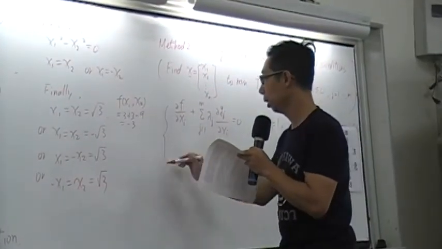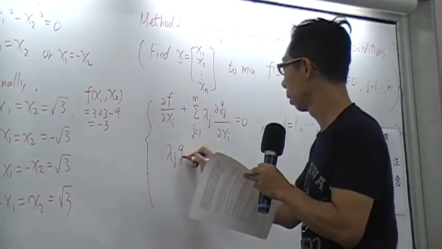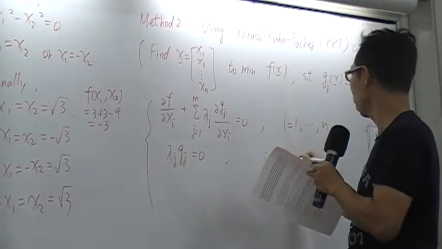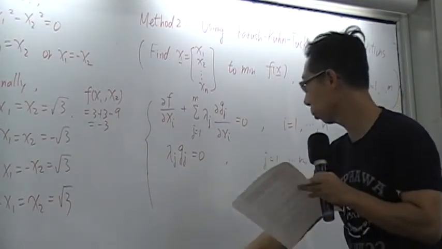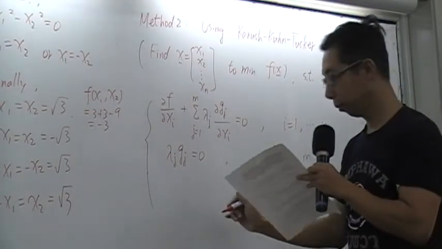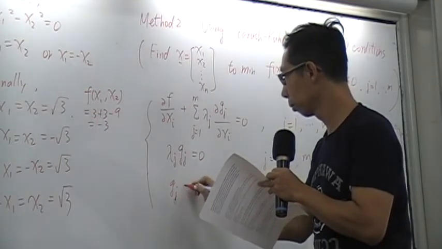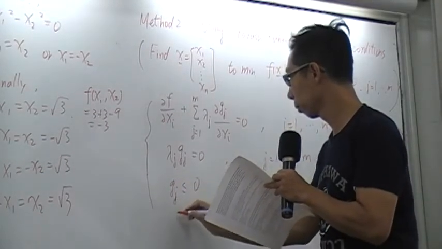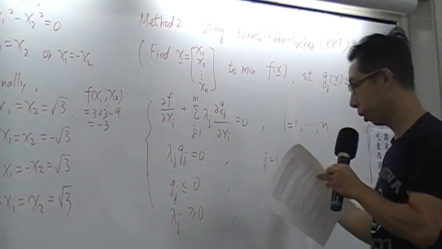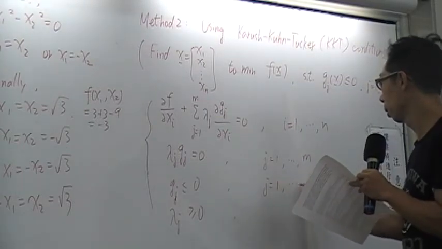Okay, and then, of course, j from 1 to m. And of course, j is always from 1 up to m.